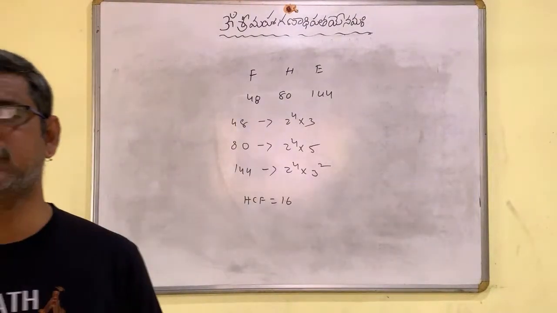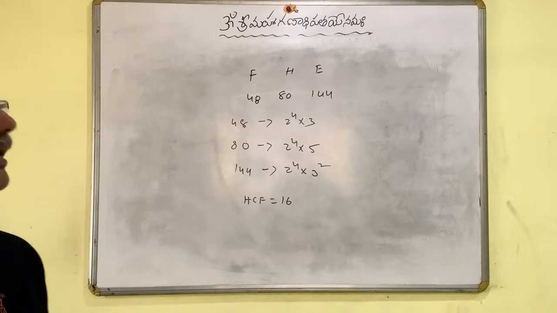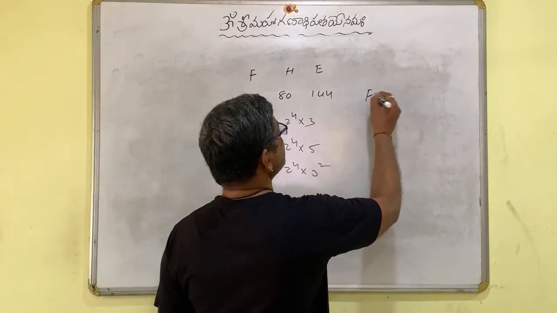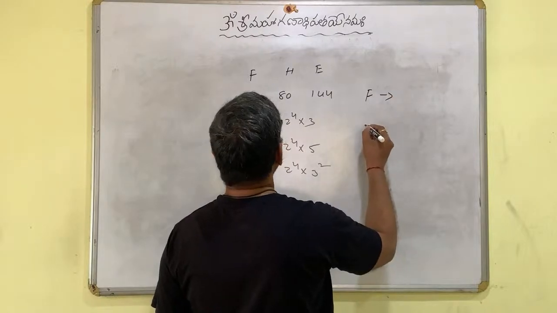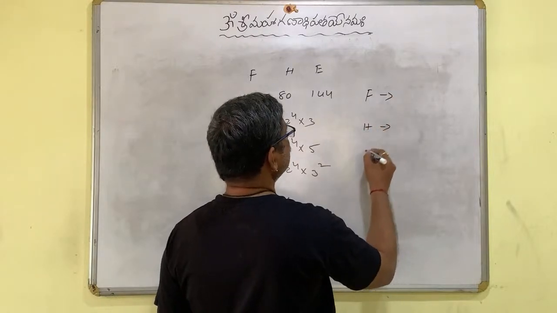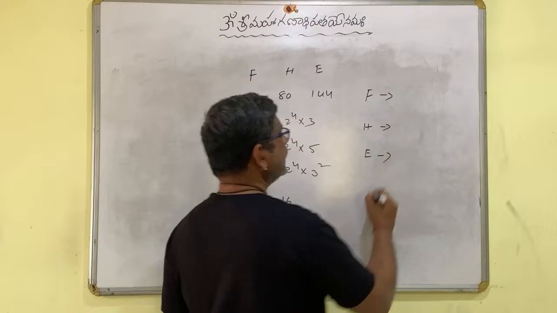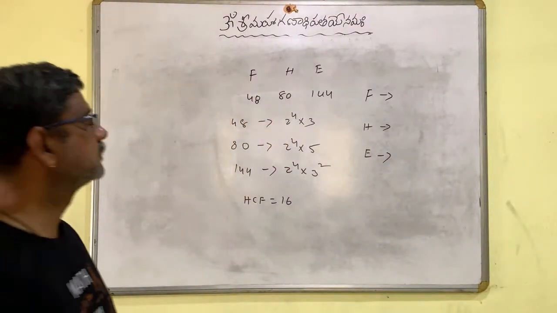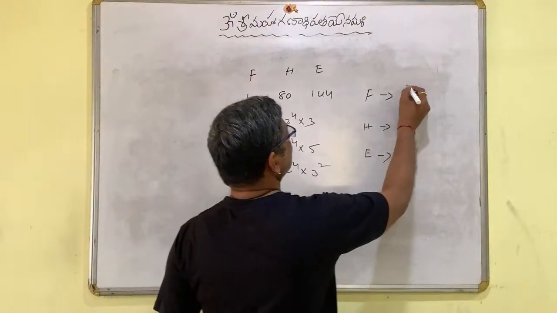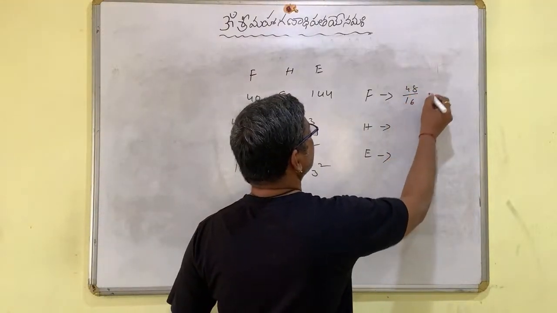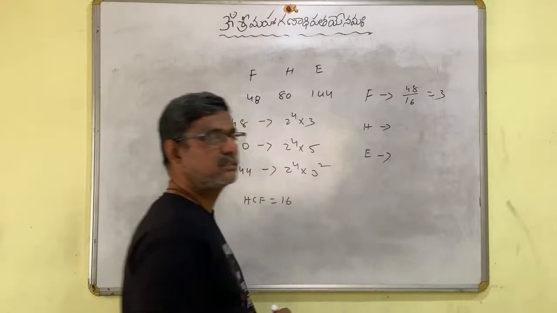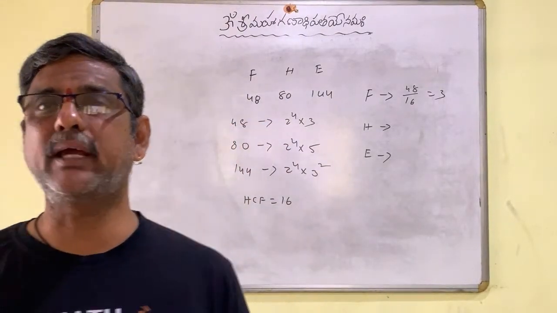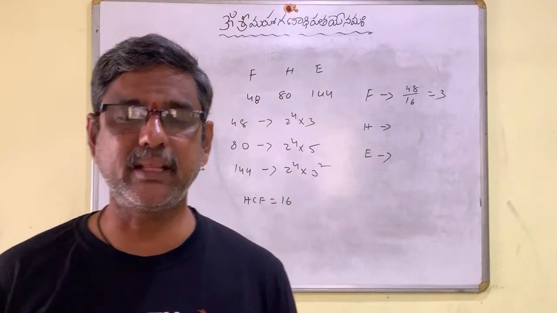That is one. And second one is, for French how many rooms are required, for Hindi how many rooms are required, for English how many rooms are required. For French, 48 by 16 is 3, which means for French we need 3 rooms, and in each room 16 teachers will be there.